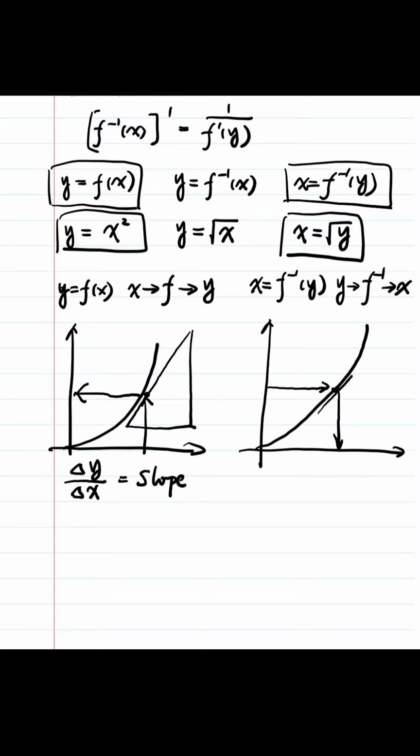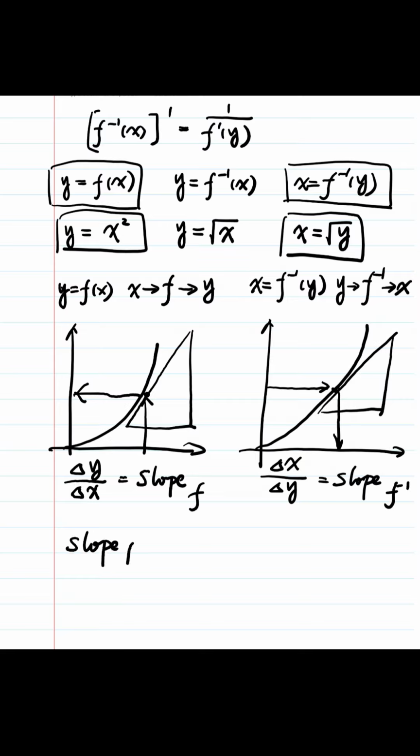So we take the slope of this derivative, and the output divided by the input is equal to the slope. Finally, we get here. The slope of the original function would be 1 divided by the slope of the inverse function.